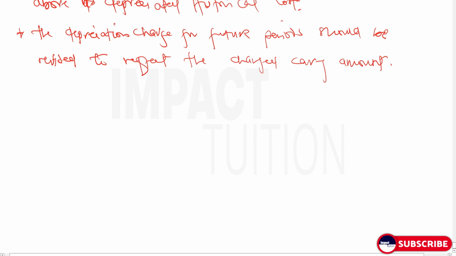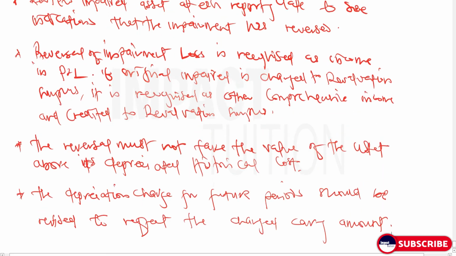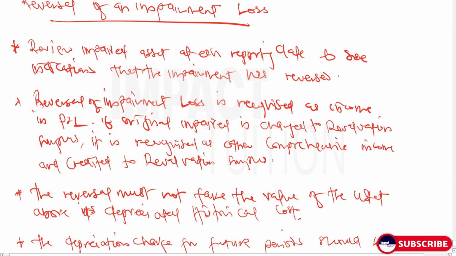So these are things to note whenever there is a reversal of an impairment loss.